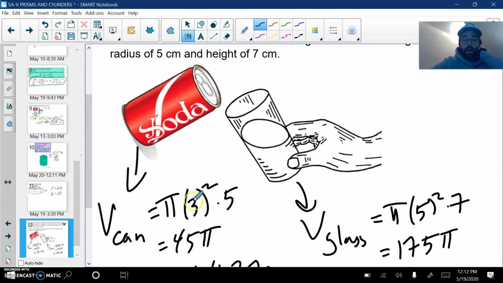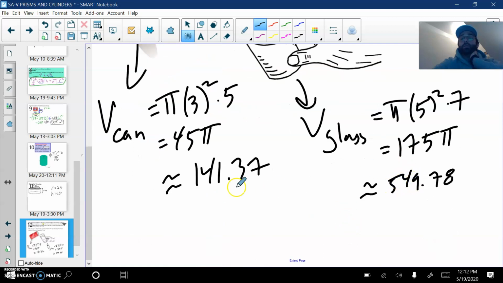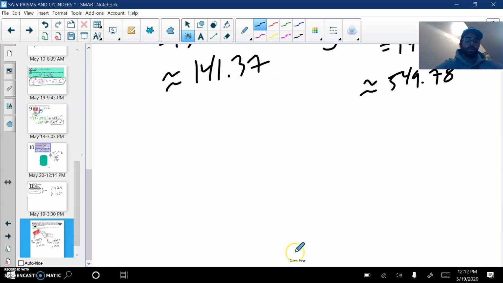All right, so for the volume of my can, I got 45 pi. Remember, I do pi r squared, 3 squared first, so 9 times 5. For the glass, 5 squared first, so 25 times 7. To find how many of these cans fit into that, I actually multiplied the pi out so I could divide these numbers pretty easily. I'm going to divide the volume of the glass by the volume of the can.